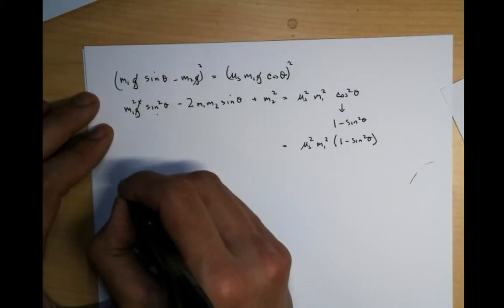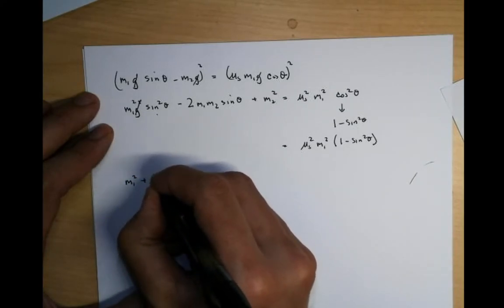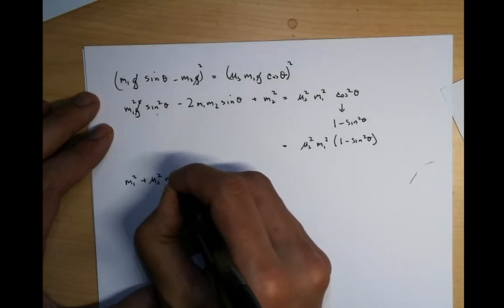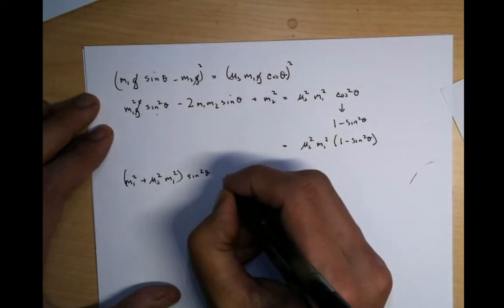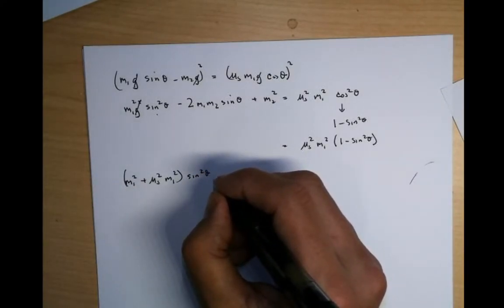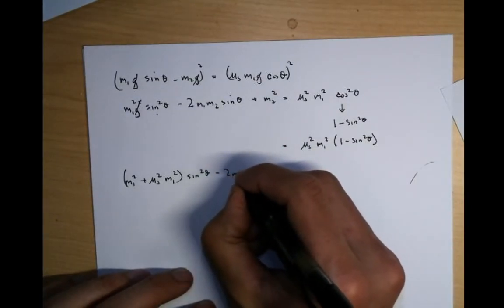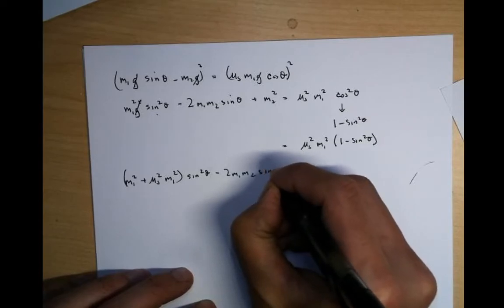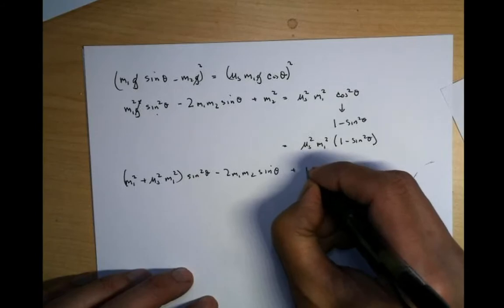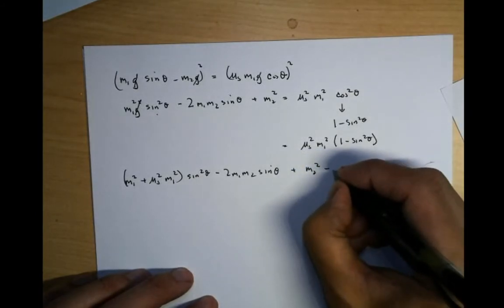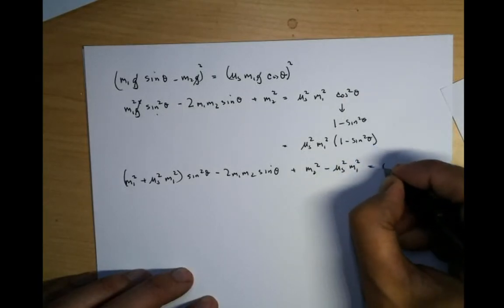So on this side I have m1 squared plus mu sub s squared m1 squared, again, sine squared theta, minus 2 m1 m2 sine theta, and now this one is plus m2 squared minus mu sub s squared m1 squared. Entire thing equals 0.